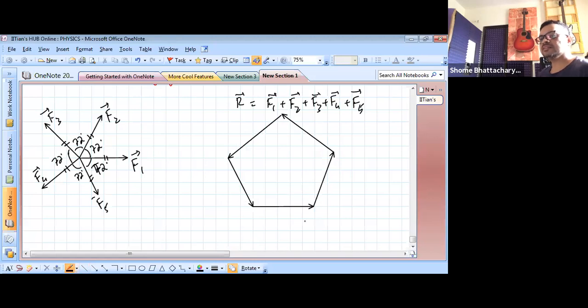So that means the resultant is how much? 0. Because all of them have same magnitude.